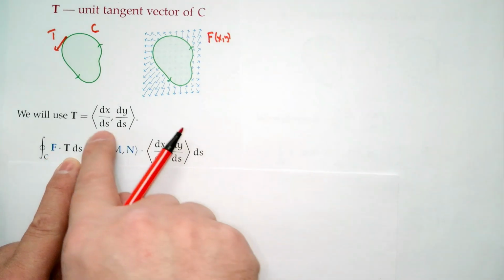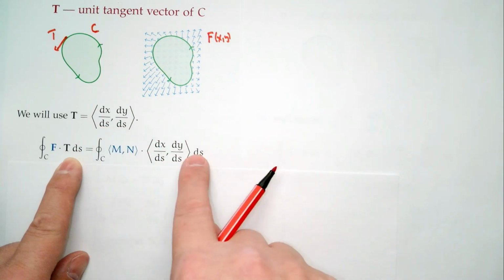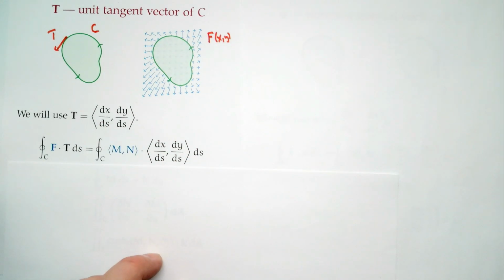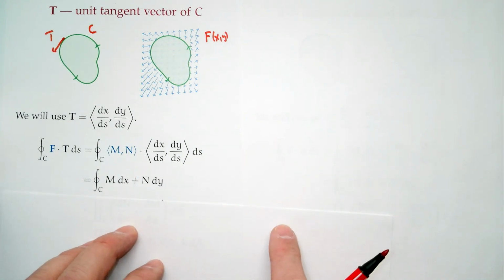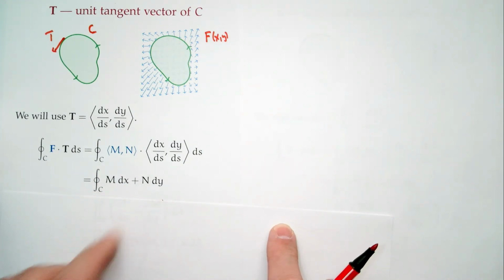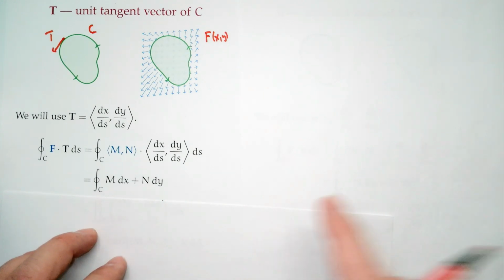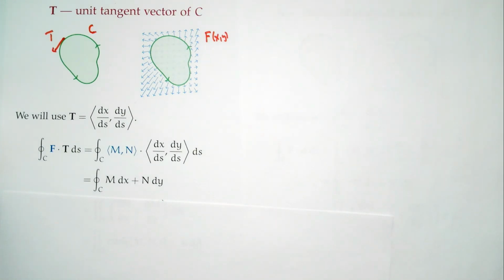Now, t is dx/ds, dy/ds. Well, that becomes the integral along the curve of M dx plus N dy. Okay, nothing too surprising. And then we have Green's theorem. So that's partial N partial x minus partial M partial y.